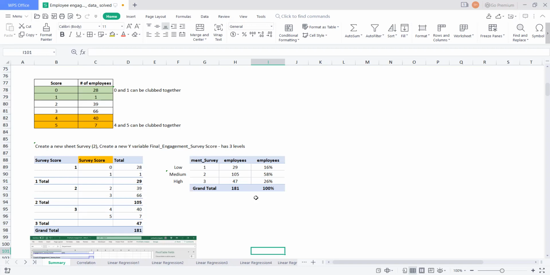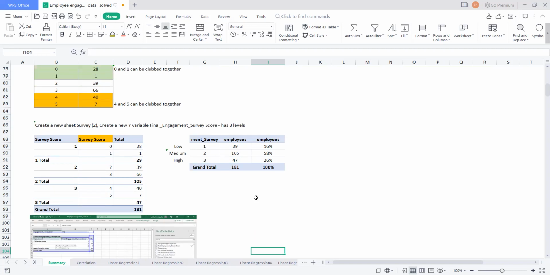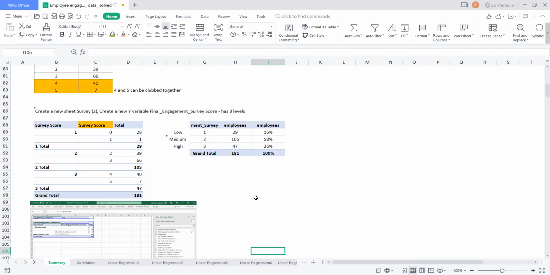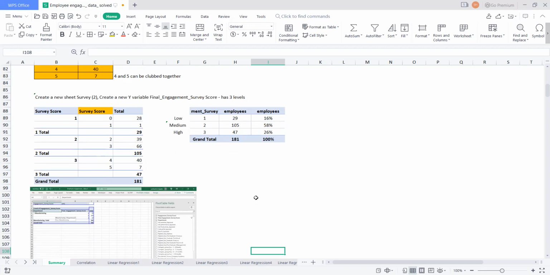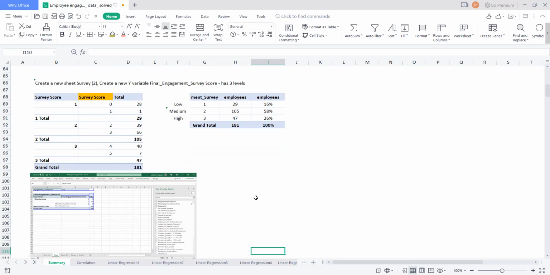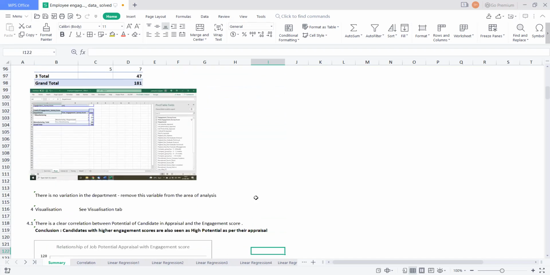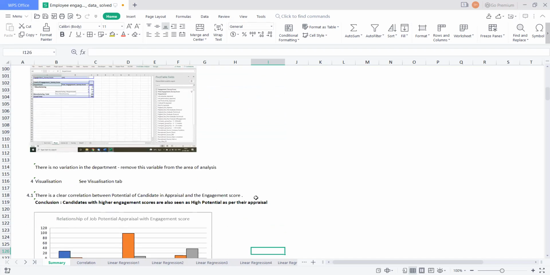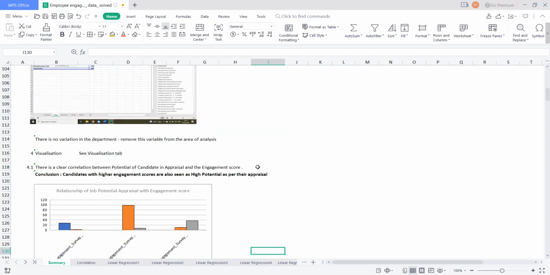If we look at low, medium, high, 16% of the employees have put in a low engagement survey score, 58% have given a medium, and 26% have given a high score. When we look at the data across departments, we find that there is nothing much because there's only one department which is considered.